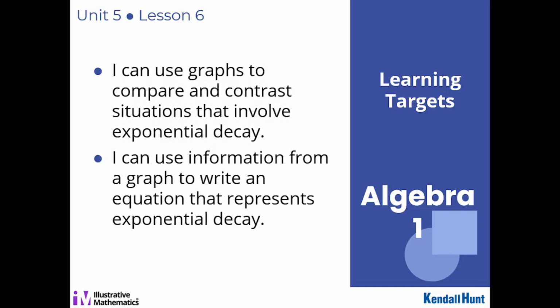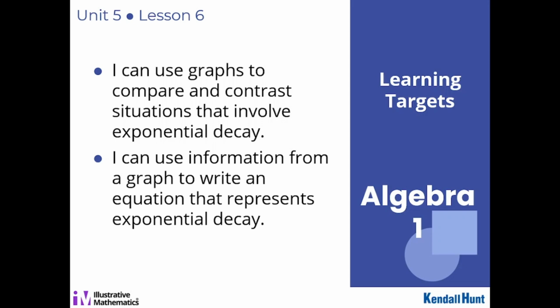Learning target number 2, I can use information from a graph to write an equation that represents exponential decay. Remember, the first thing you need is the initial amount, and the initial amount is found in the y value of the vertical intercept.